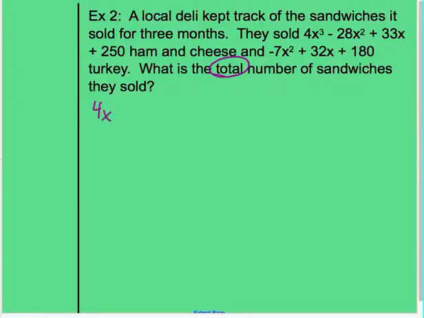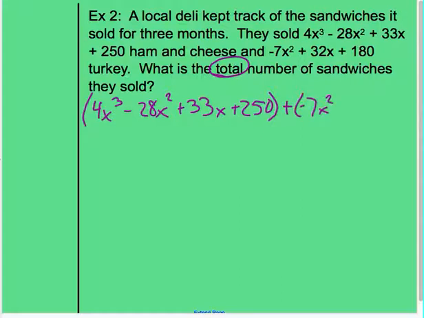So I'm going to take 4x cubed minus 28x squared plus 33x plus 250. And this again represents the ham, plus the turkey sandwiches, to get the total number of sandwiches. So finding my like terms, I've got a 4x cubed that doesn't have any like terms.